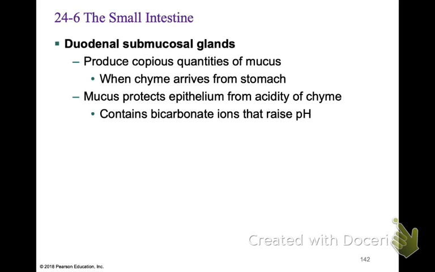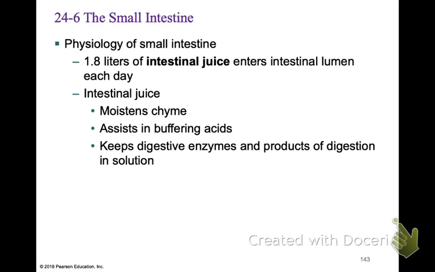Okay, the submucosa of the duodenum, specifically just the duodenum, has a very alkaline mucus secretion, and that protects the duodenum and helps to counteract the acidity of the stomach acid. And if that doesn't work right, if you get erosion of that mucus, then you get a duodenal ulcer, an ulcer due to the acid of the stomach.